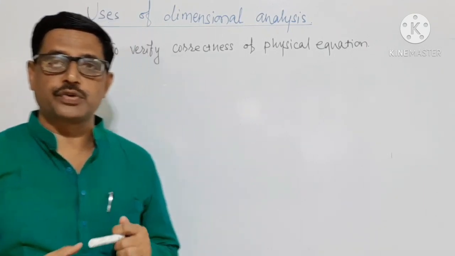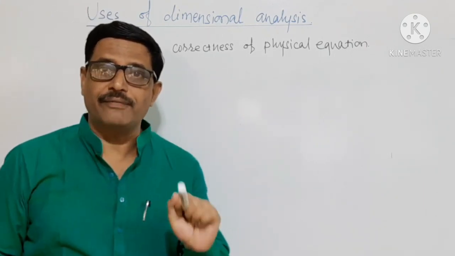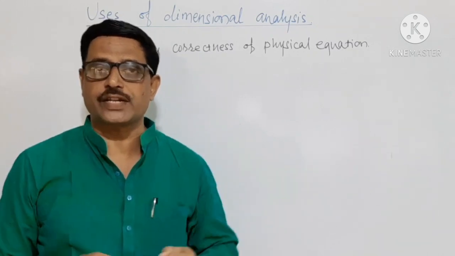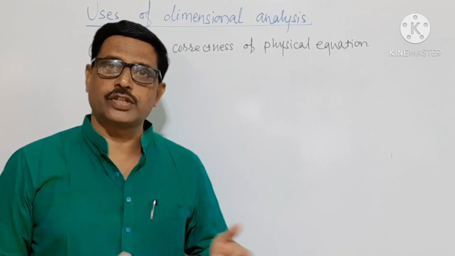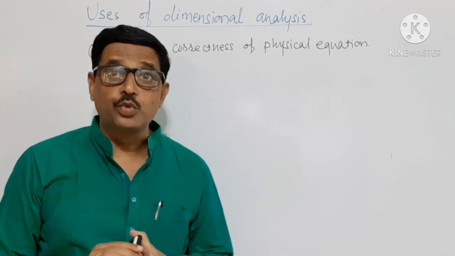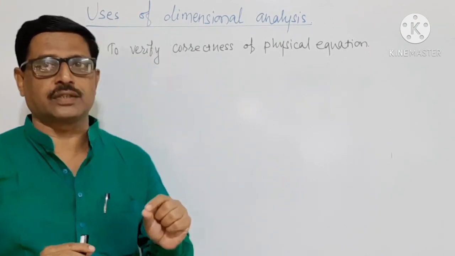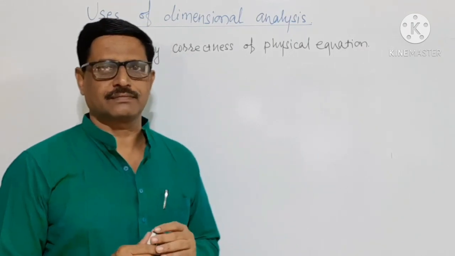Dimensions are used to verify whether the given physical equation is correct or not. In other words, we can say that dimensions are used to verify the truth of the given equation.